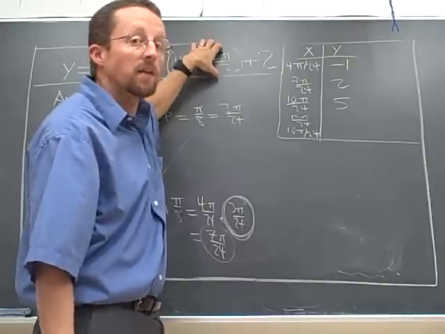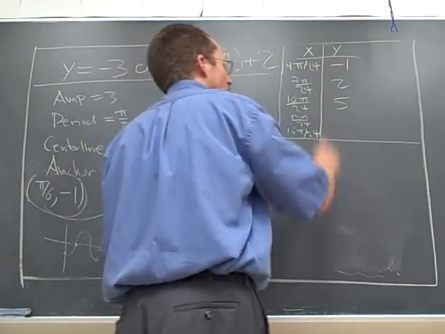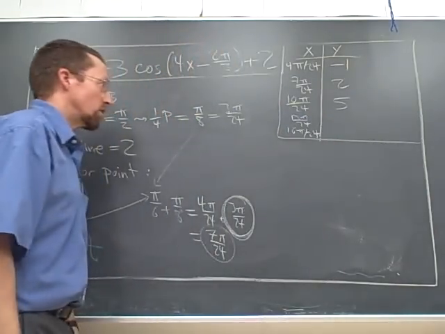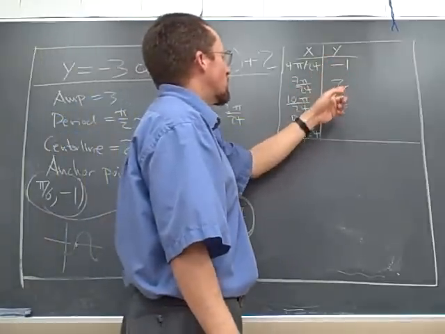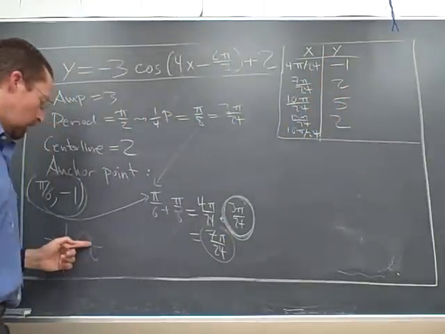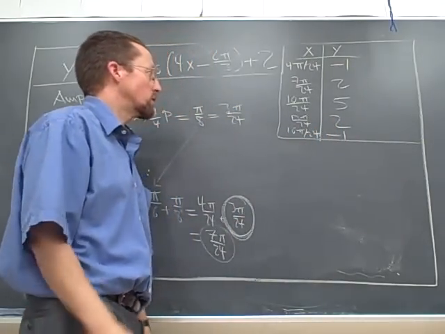You're going to get pi, if you're doing it right. And then you're going to get that 5 coming out of your basic knowledge of the unit circle. You don't really need to do that. You go low to middle to high by going up by the amplitude. Go back down to center line, and then back exactly where you started, because of course 1 period gets you back to exactly where you started.